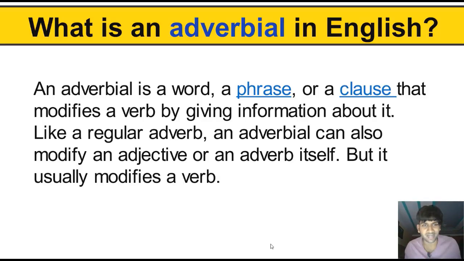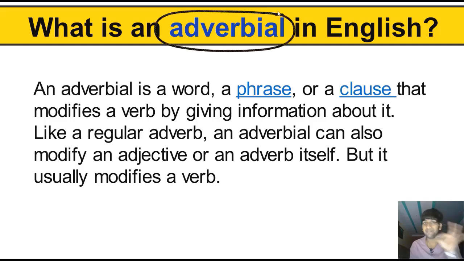Alright everybody, let's start with understanding what exactly an adverbial is. So we'll look at the word adverbial. I want you to look at the word adverbial. Adverb. So an adverbial is something that functions like an adverb. It works just like an adverb. It could be a word, phrase, or clause.